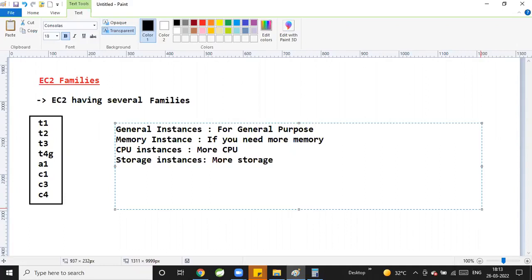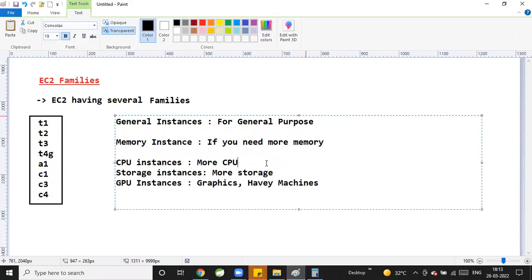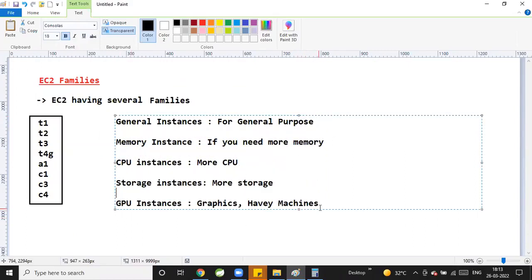GPU instances are available, which provide graphics related machines, heavy machines. If you want to make 3D movies, you need a machine with high configurations, heavy machines. Then you go for GPU instances.